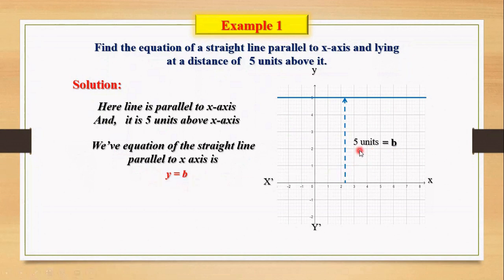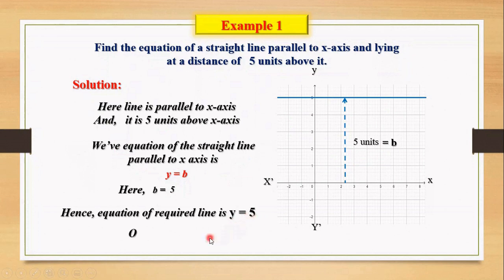Here in the figure, the value of b is 5 units. Substitute the value of b in our required equation, so we get y equals 5. Shifting 5 to the left hand side, we have y minus 5 equals 0, which is the equation of the required straight line according to the question.